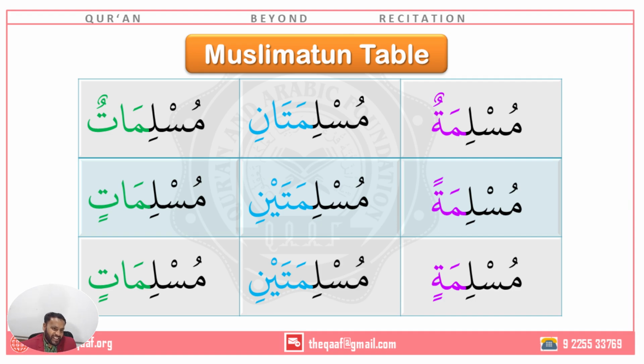When you attach that Tamarbuta to the end of the word, any word, or most of the words, if I want to be precise, the word becomes feminine. Which means the word tells us, hey, don't mistake me for masculine, I'm feminine. How? I'm having Tamarbuta at the end. So what was the first word in the Muslimun table?